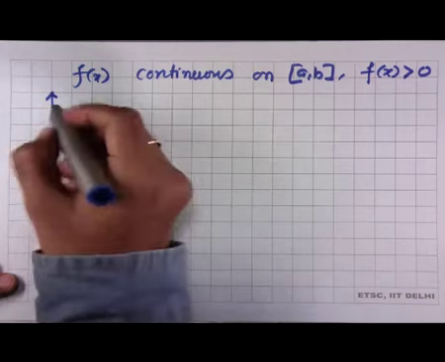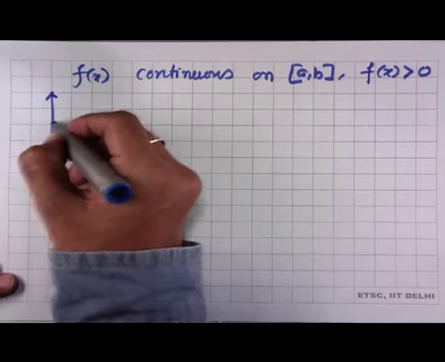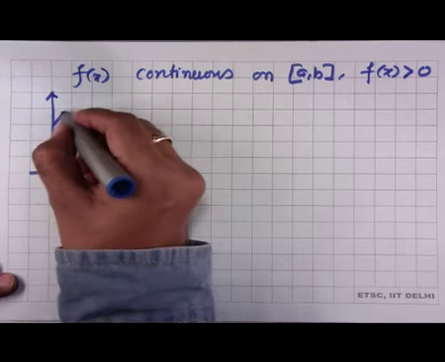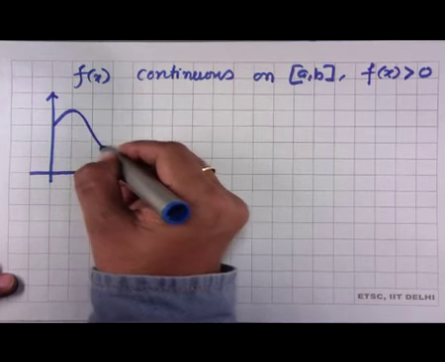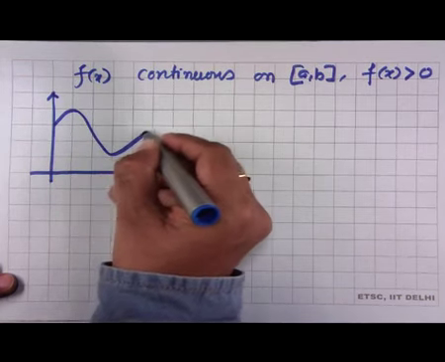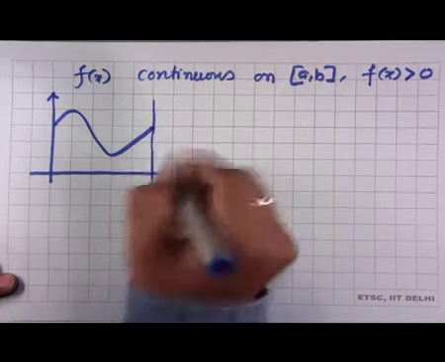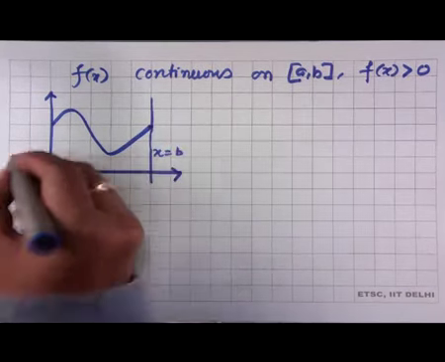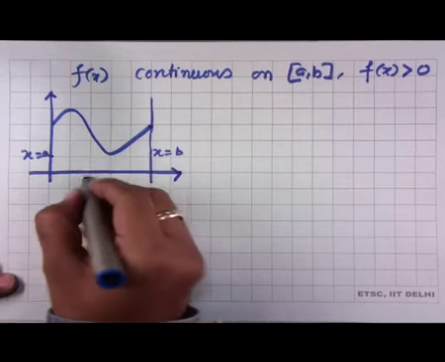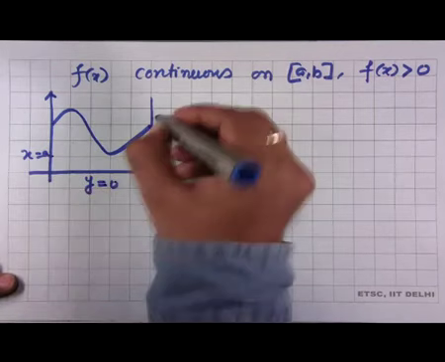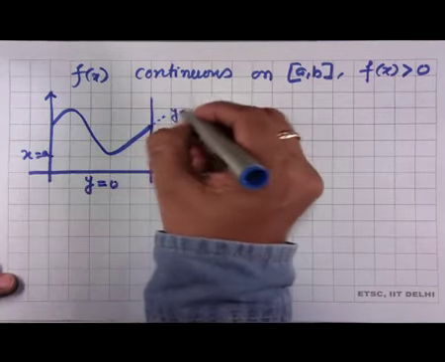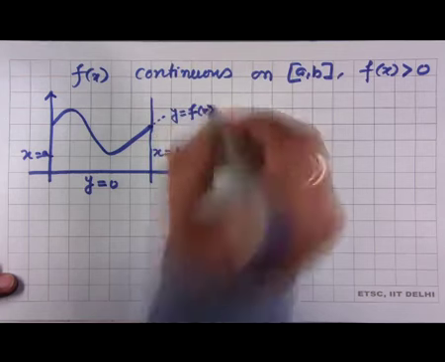So let us draw the curve. This is x equals b, this is x equals a, this is y equals 0, and this is y equals f(x).